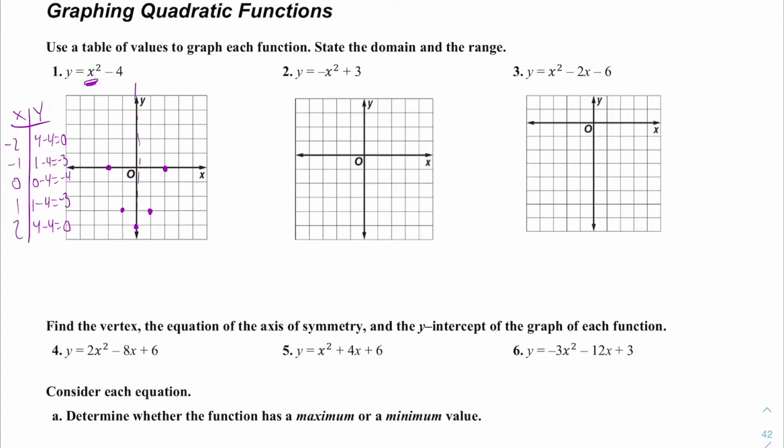We can see that in the middle, once we have our lowest point right here, this is the axis of symmetry. Since this is the lowest point, this is the minimum.